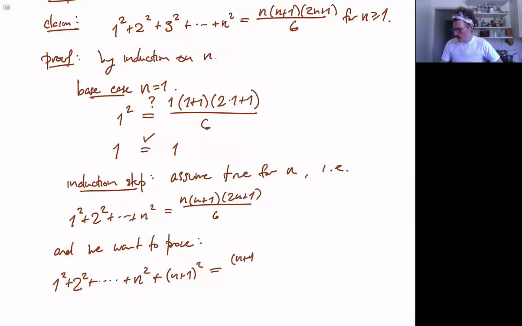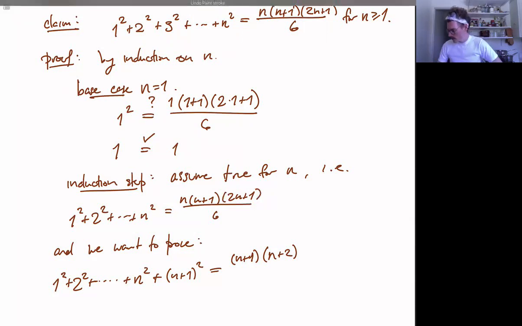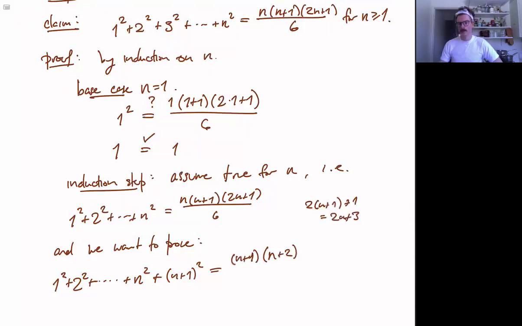So (n plus 1) times (n plus 1 plus 1, which is n plus 2), and 2n plus 1 becomes 2(n plus 1) plus 1. So this is the computation that we're doing. So this is 2n plus 3 divided by 6.